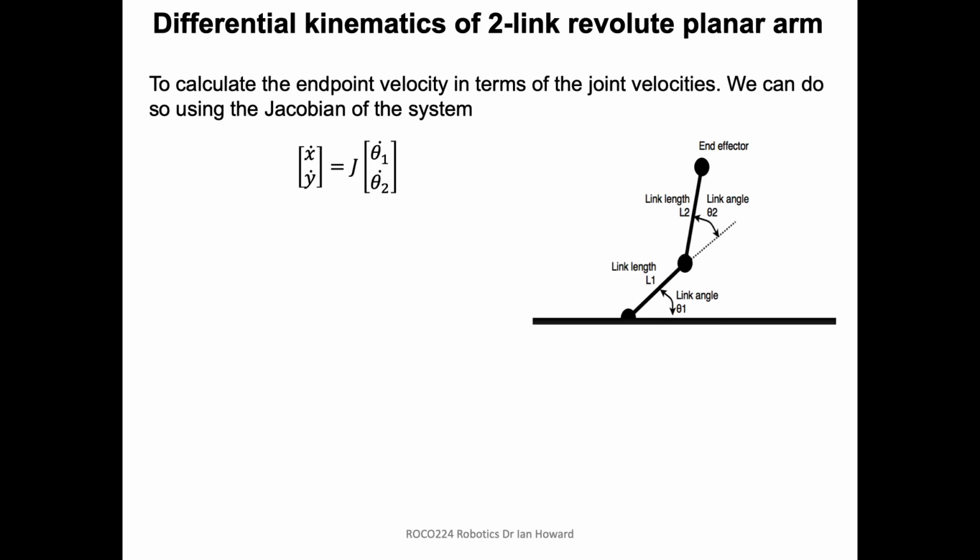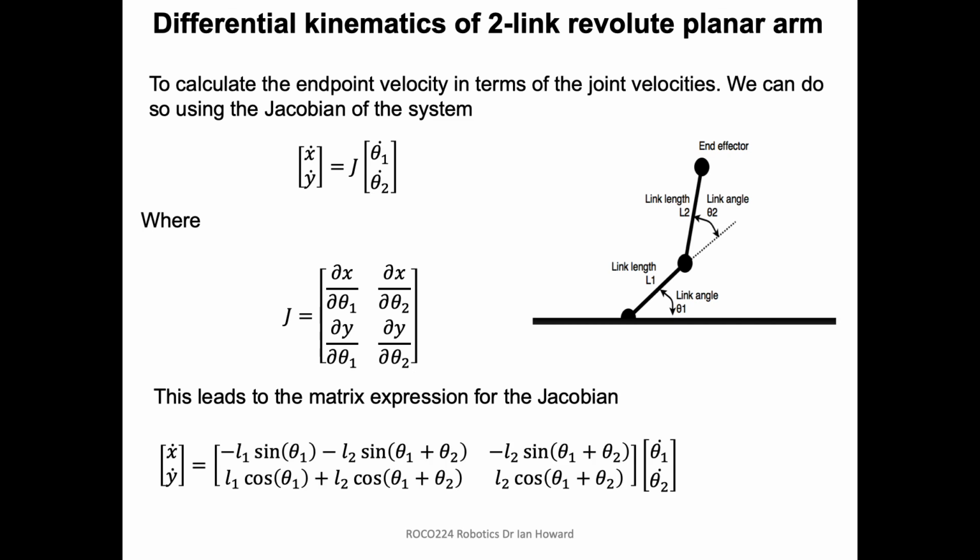So again, if we want to calculate the endpoint velocities, what we need to do is calculate the Jacobian. Then we can calculate this by multiplying the Jacobian with the differentials of our angles with respect to time. So we've got the Jacobian, so we can pop in our values. We're not working it all out from first principles again like we did last time.